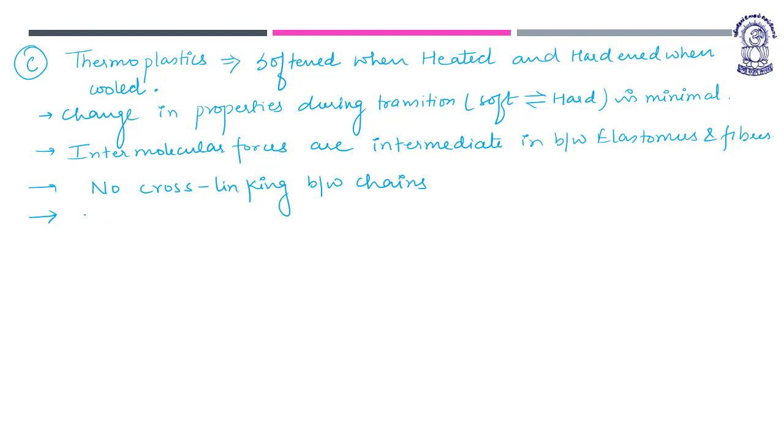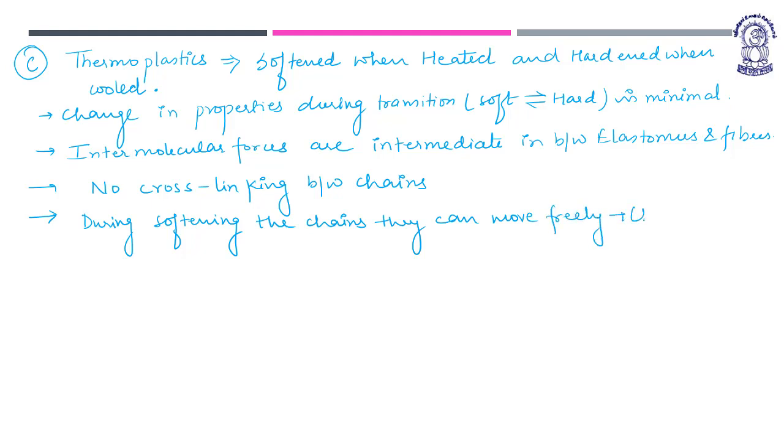So during softening, as they don't have cross-linking, the polymeric chains can move freely, and that is why they can change their shape.